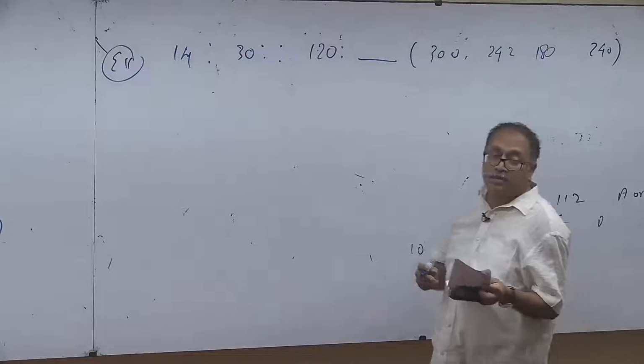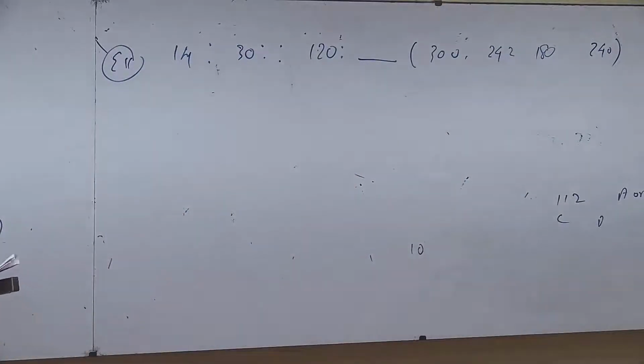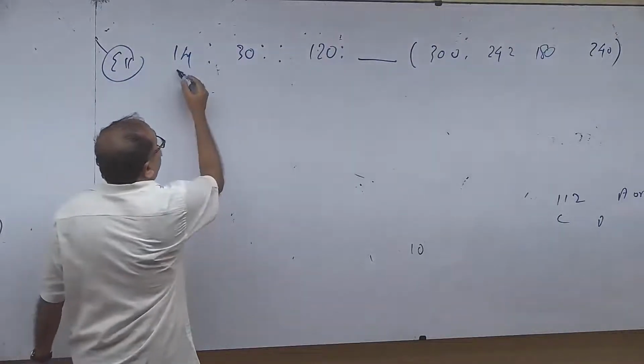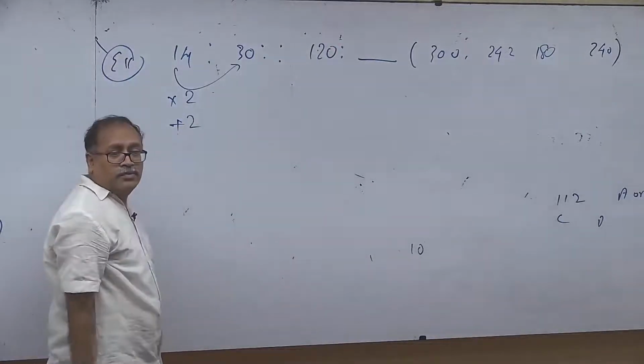240. Is it 240? Okay. 242. Okay. Product logic. So you see that this is 14 into 2 is 28 plus 2.